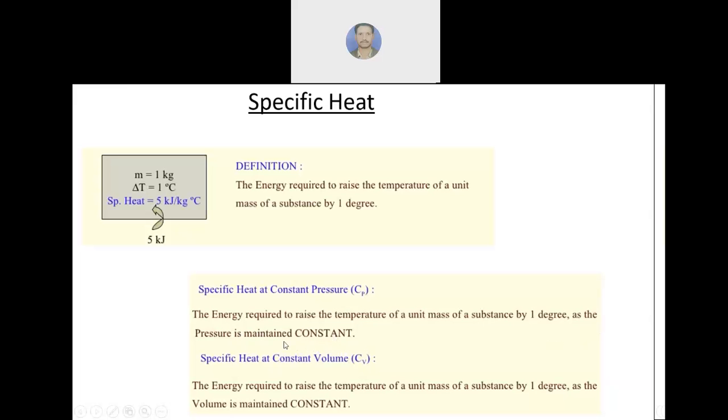When the pressure is constant, it is specific heat at constant pressure, and when volume is constant, it is specific heat at constant volume. So these are the two types of specific heat.